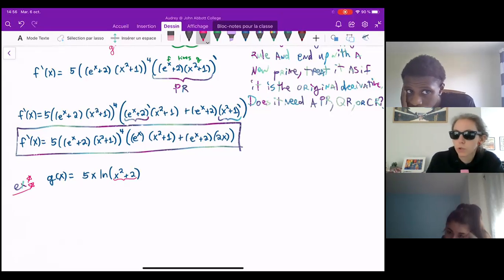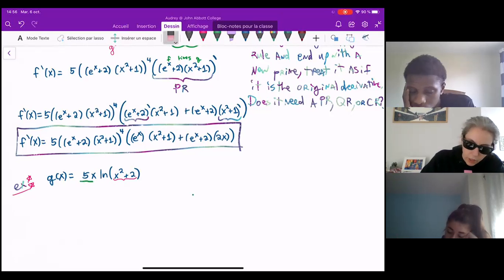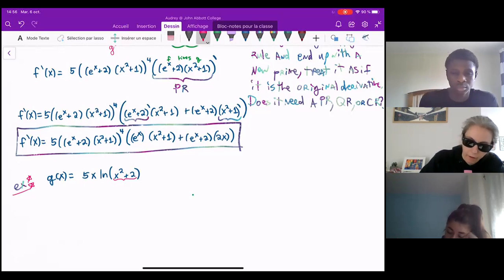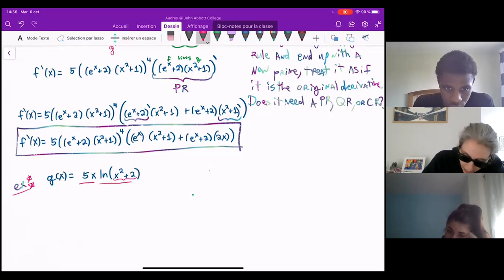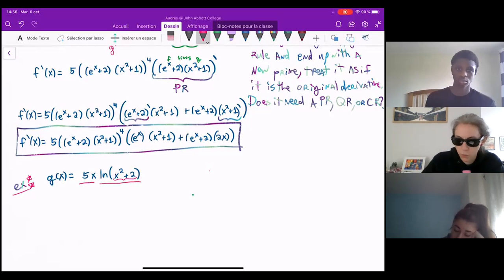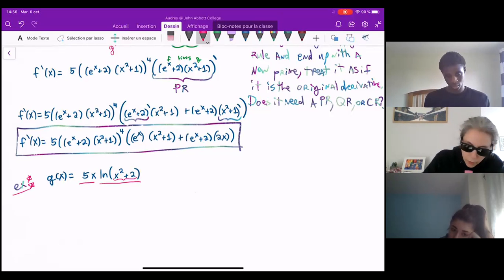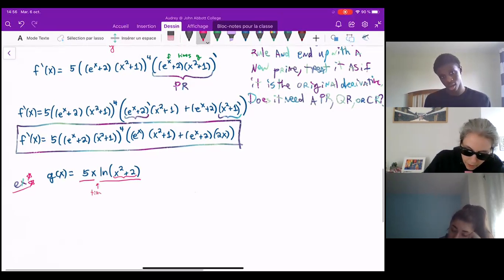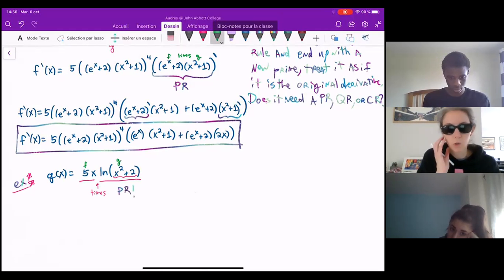And that product rule is going to come before my log rule because the log is one of the things that's being multiplied. So here what I have is 5x times ln of x squared plus 2. And when we can insert the word times in there, that tells me that I need a product rule. And my f is that 5x, and my g is the ln of x squared plus 2.